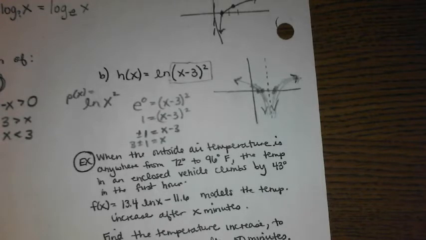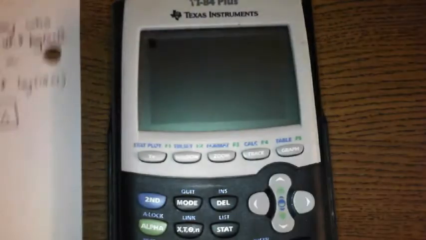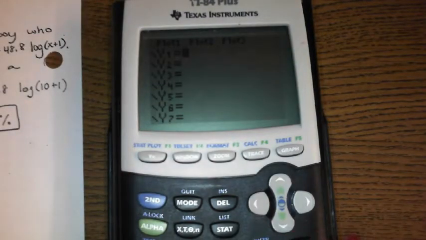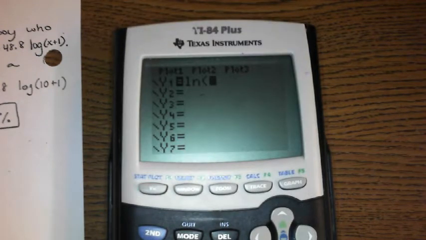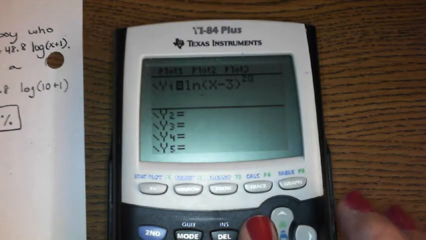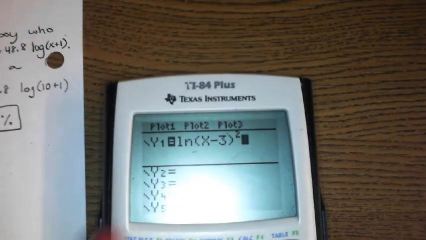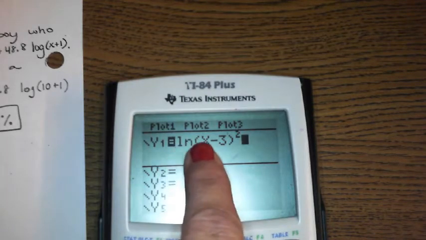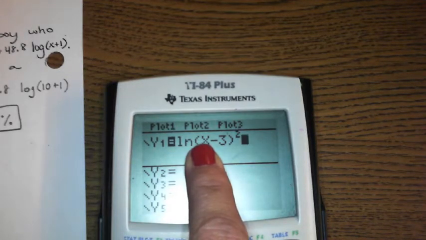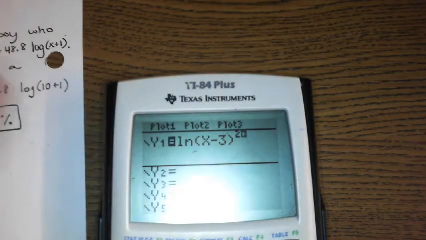You good there? Yeah, Lily. Oh, that could be a glitch with order of operations in your calculator. Your calculator might be taking the natural log first and then squaring the answer, as opposed to taking the natural log of the whole thing.